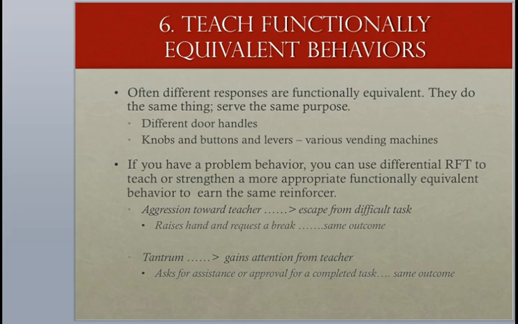If you have a problem behavior, you can use differential reinforcement to teach or strengthen a more appropriate, functionally equivalent behavior to earn that same reinforcer. We've talked about this before. We could practice replacing aggression toward a teacher in order to escape from a difficult task with raising your hand and requesting a break to get the same outcome, an escape from a difficult task.